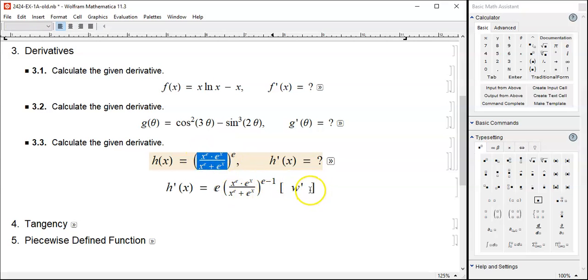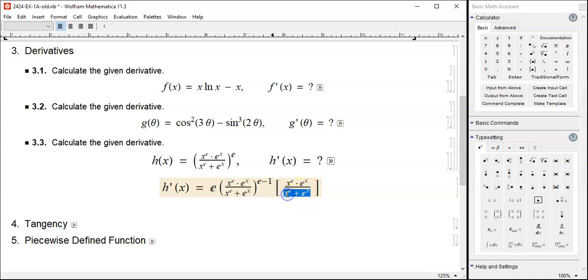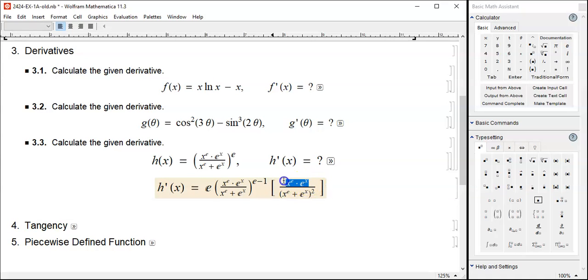And what's the derivative structure of the quotient rule? The denominator squared, which is really conspicuous, and then numerator we have quotient rule structure, u prime v minus uv prime.